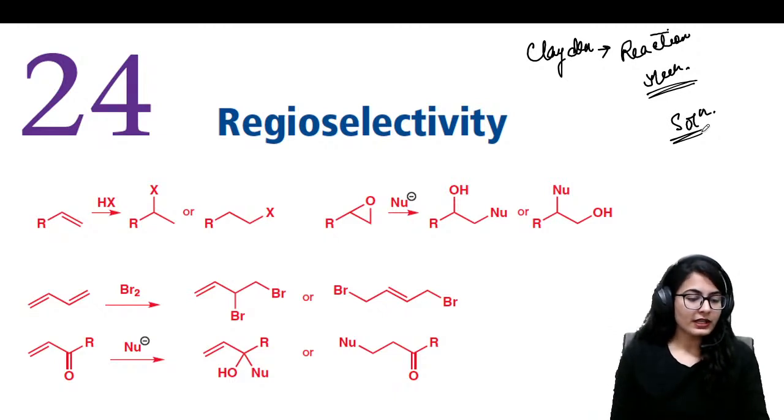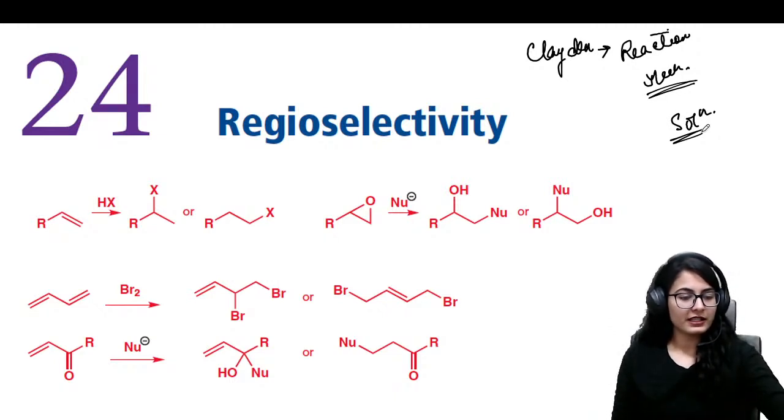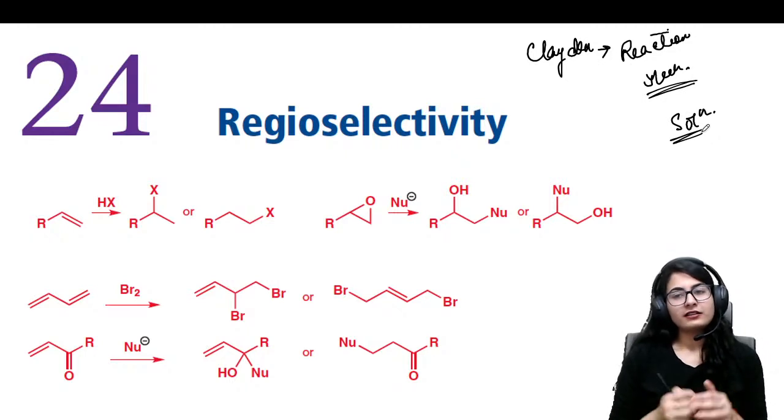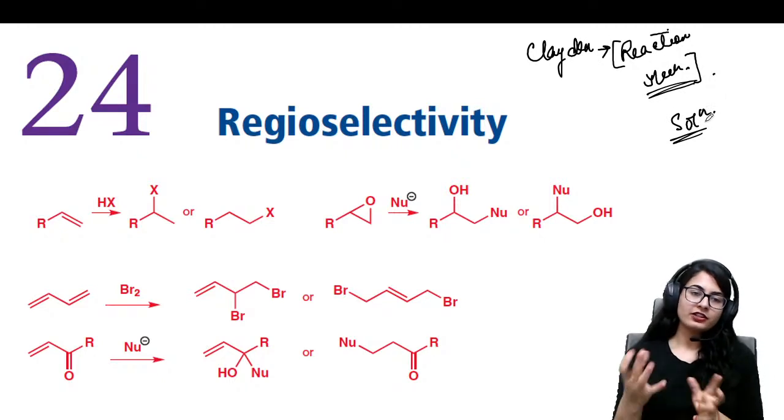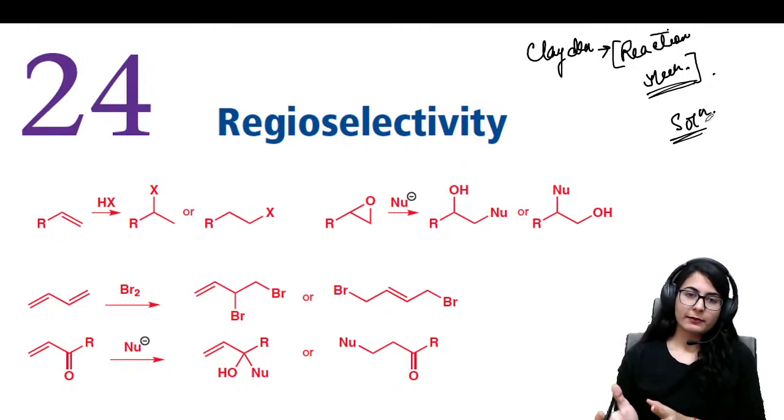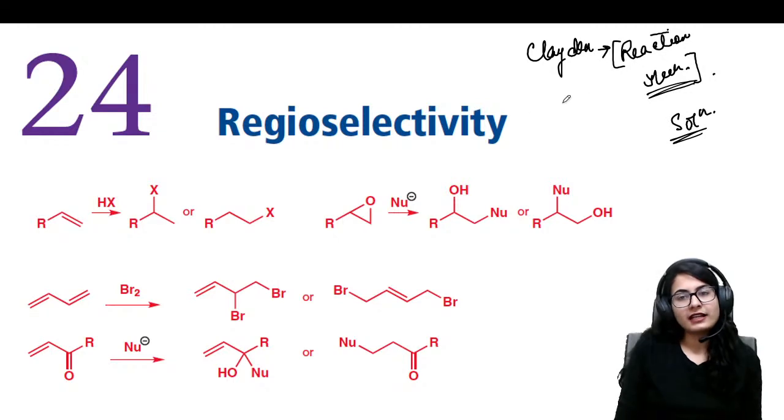Okay, so first thing first, ये जो chapter है, regioselectivity, guys, it is a sum up of everything that we have already studied. Why? Because सारे जितने भी reaction mechanism हमने पढ़े हैं, in all the reaction mechanisms there is always some kind of regioselectivity going on, and that is why you have a major and a minor product, isn't it?